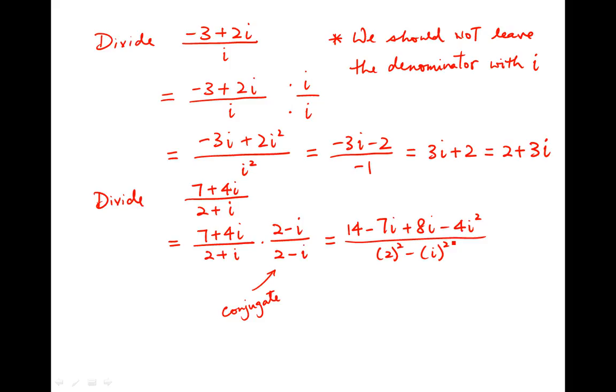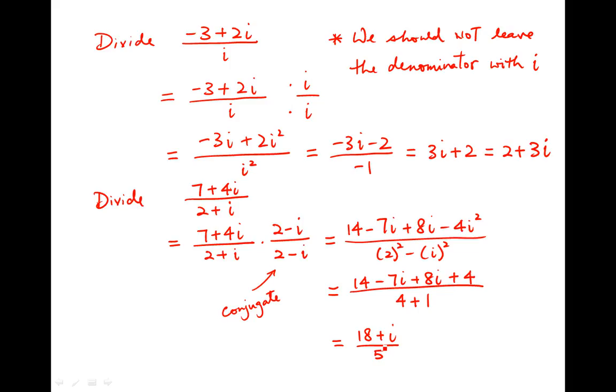But if you just simply times it by the same thing, 2 plus i, it won't get rid of the i. So let's convert them first. 14 minus 7i plus 8i, and then plus 4, over, in the bottom, that becomes 4 plus 1. So finally, it will give you 18 plus i over 5.